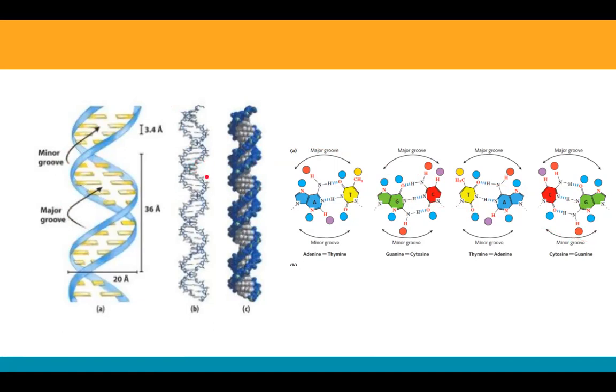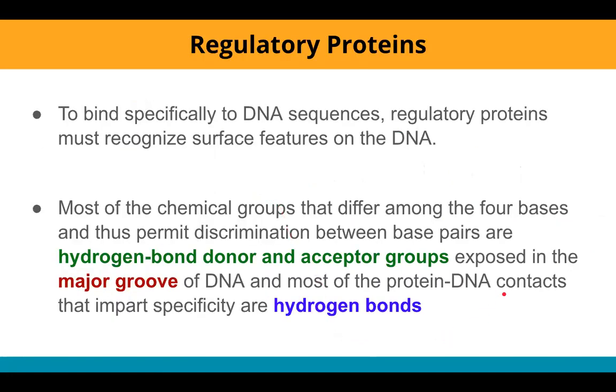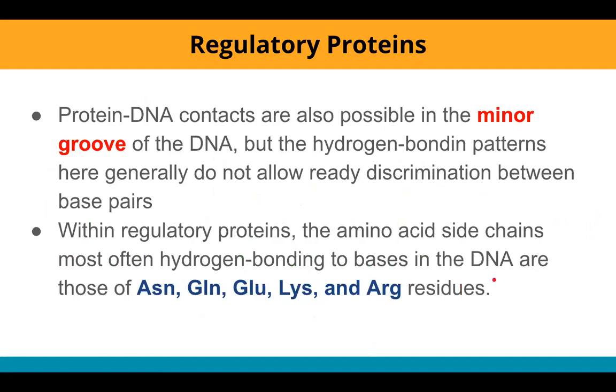So for example, RNA polymerases or repressors or activators usually bind to the major groove, and the usual intermolecular forces involved in the binding are due to the hydrogen bonding of the side chains of the amino acids. Again, it's the side chains of the amino acids of the proteins.